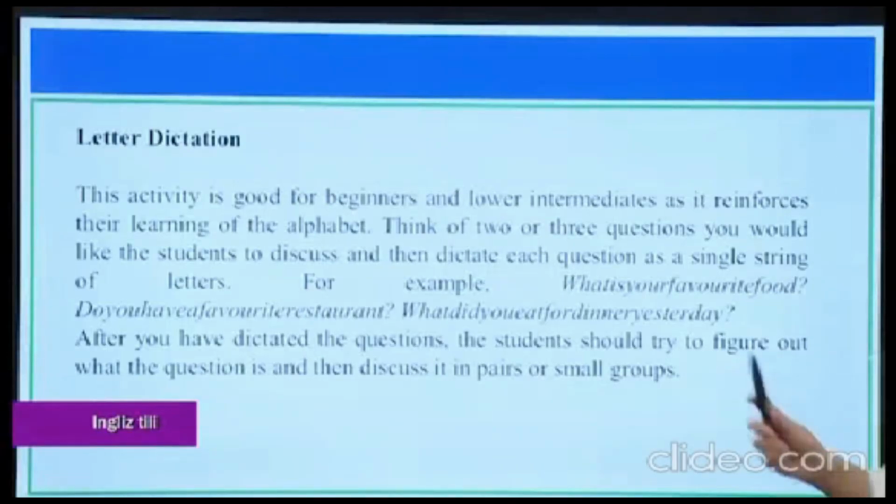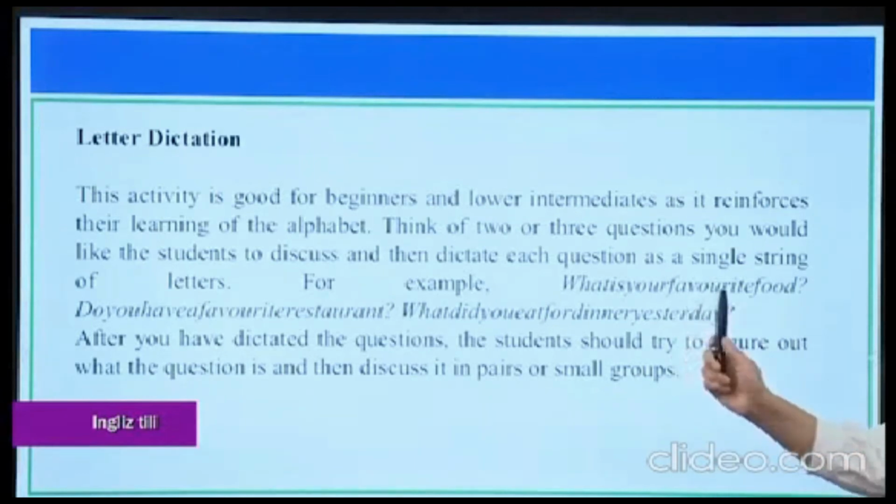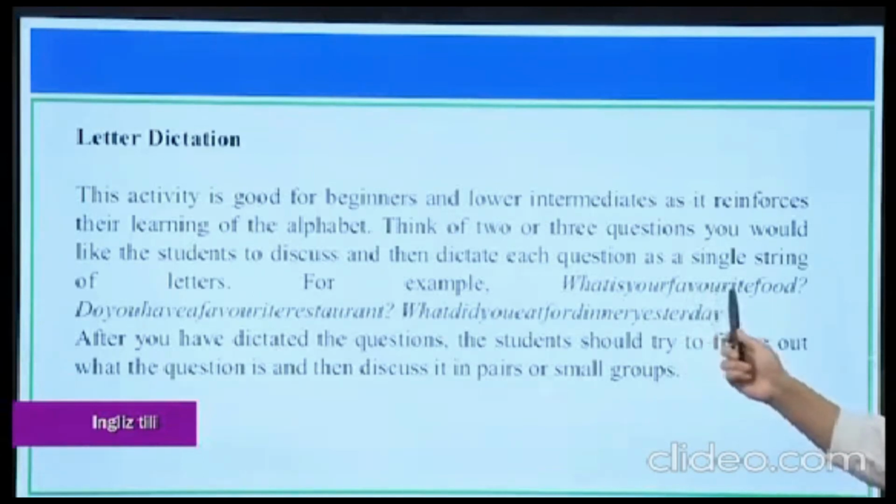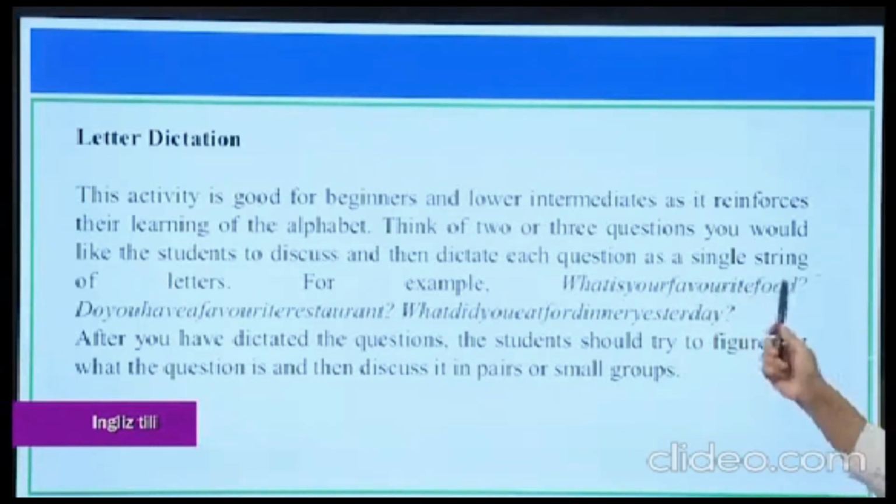For example, W, H, A, T, I, S, Y, O, U, R, F, A, V, O, U, R, I, T, E, F, O, O, D.